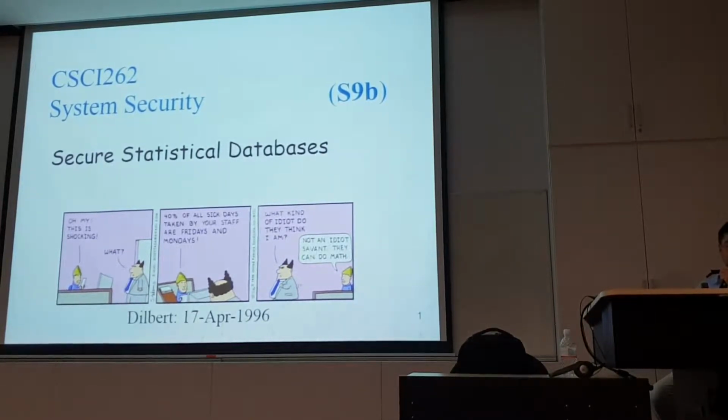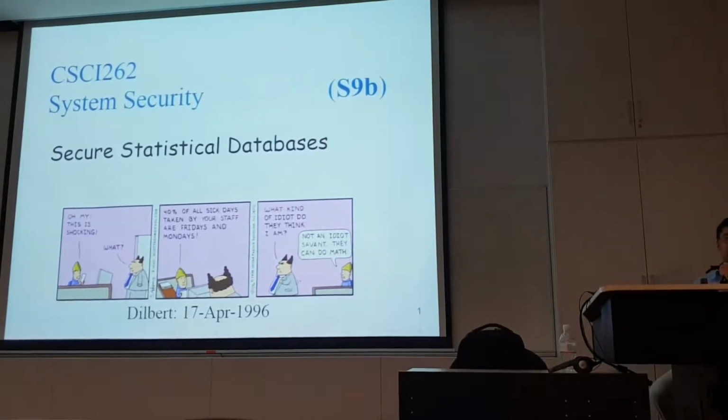Even though the attacker may access some public data, for example, data that is not critical or sensitive, so that anyone can query it, like statistical data, people may try to derive sensitive information from it. That's the so-called inference. That means you derive sensitive information from non-sensitive data.